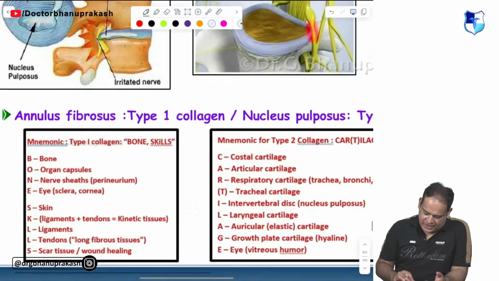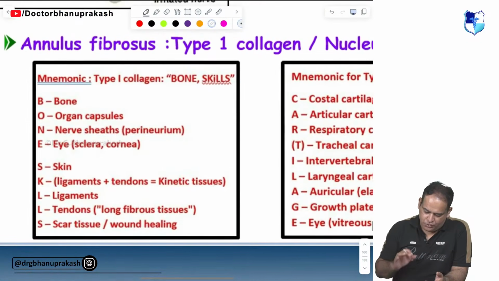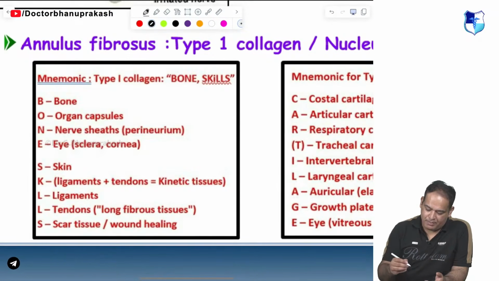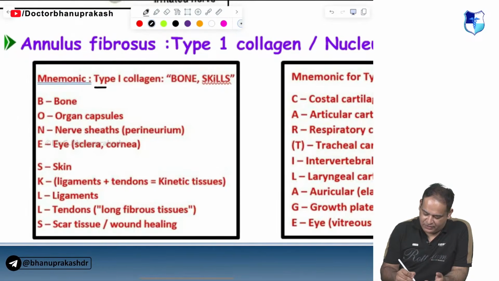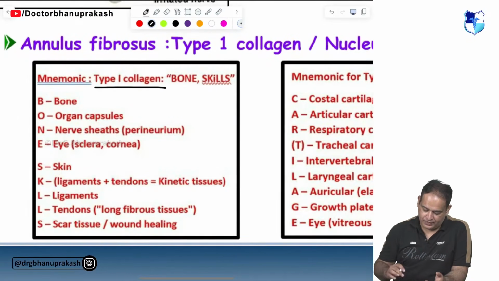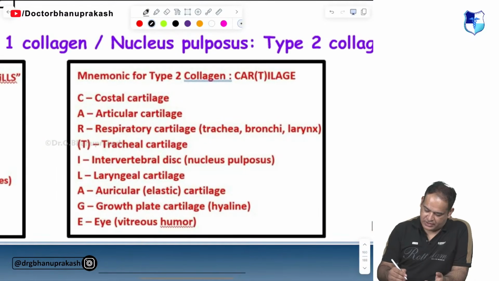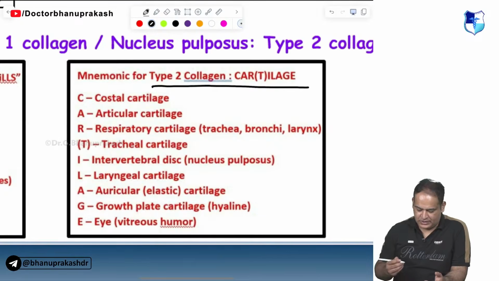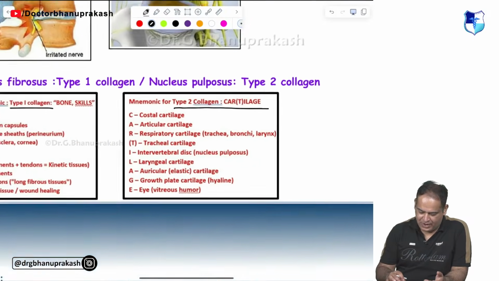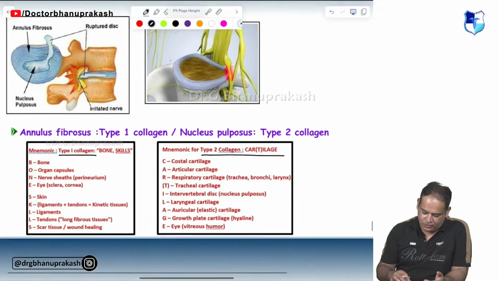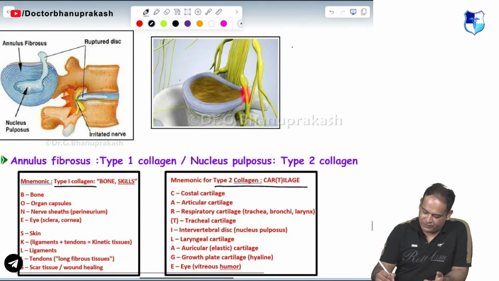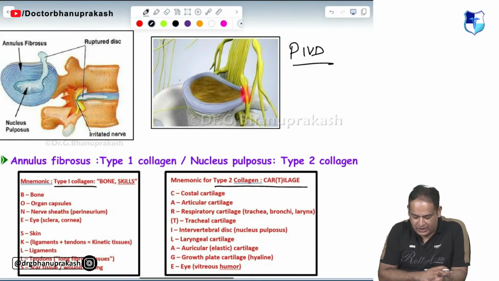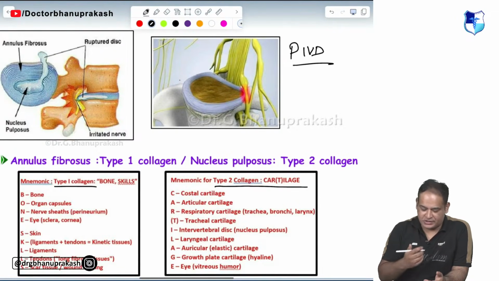Now, here I have given you 2 mnemonics to remember which structures have type 1 collagen and which structures have type 2 collagen. Fine. So this again you have to read there. Why do we have to read this? Because when we read PIVD, prolapse intervertebral disc, what do we notice?